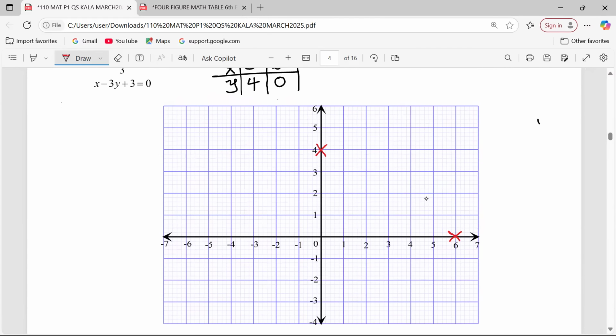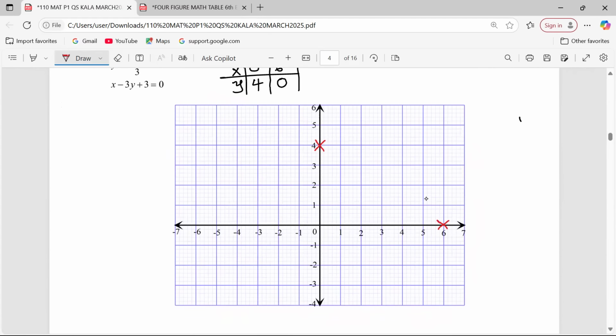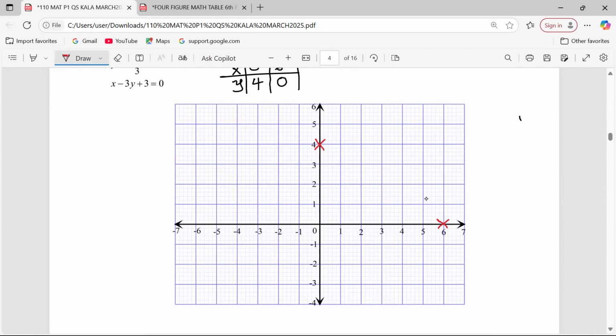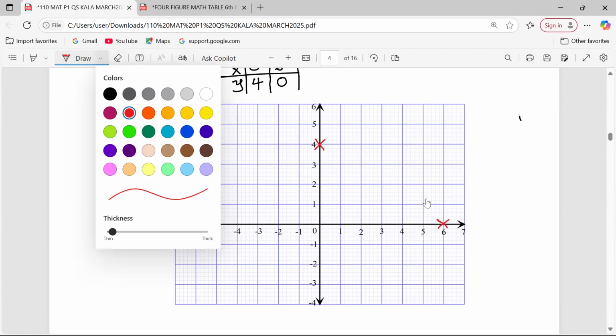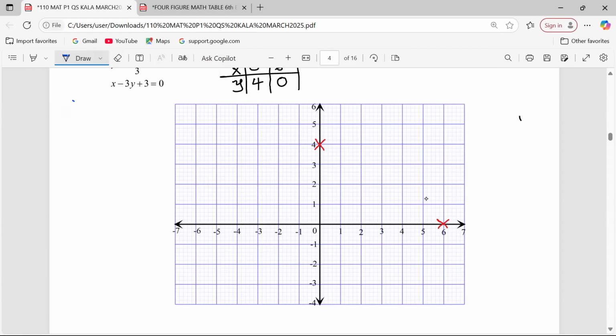So now the first line can be drawn. Let me draw it and even use a different color. Yeah, blue. So we have the first line already drawn.